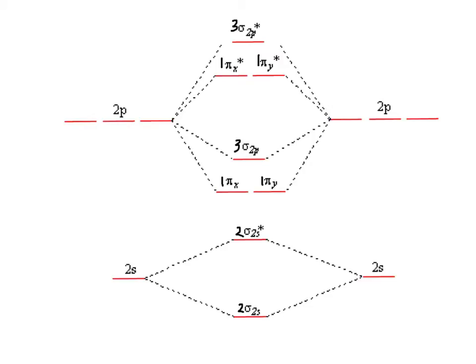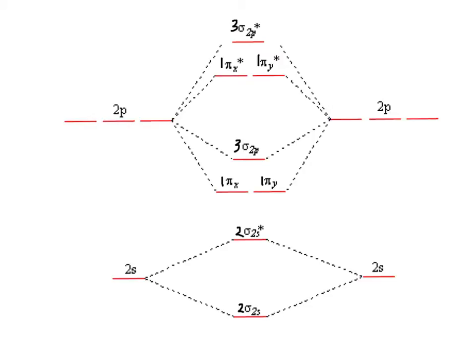We'll get to that in a short while when we talk about the other two 2p levels, which are the 2px and the 2py. These two 2p atomic orbitals, namely the 2px and the 2py, are oriented perpendicular to the bond axis, which is the z-axis. And because they are oriented perpendicular and they are p-type orbitals, their bonding and antibonding combinations will be labeled as pi.